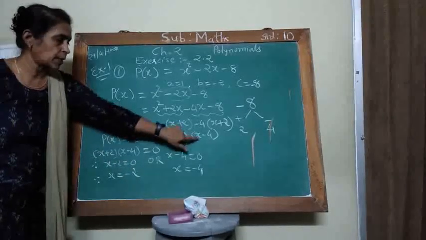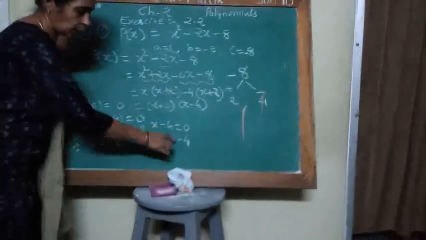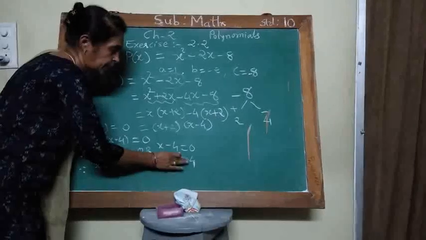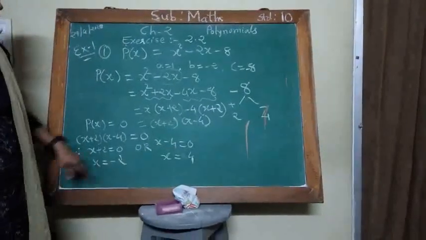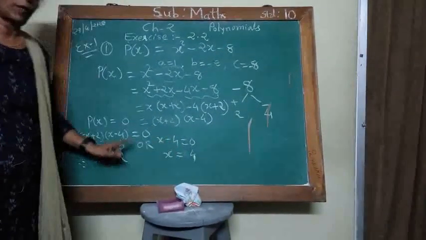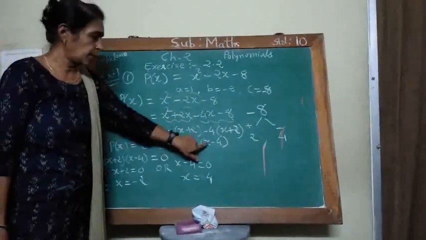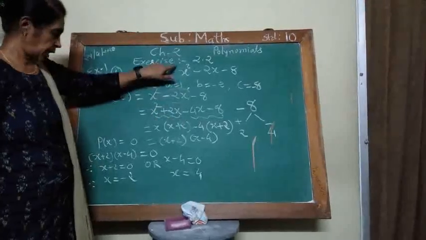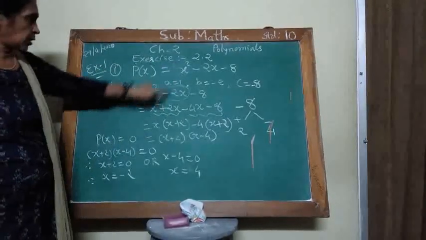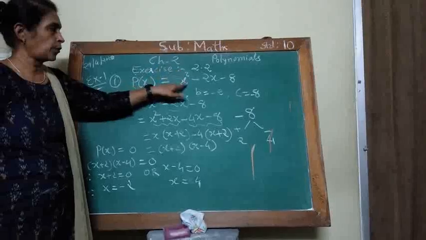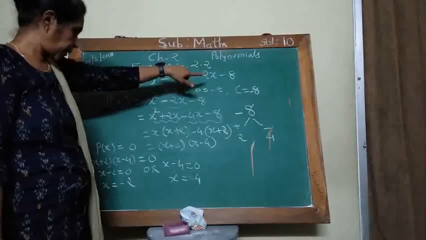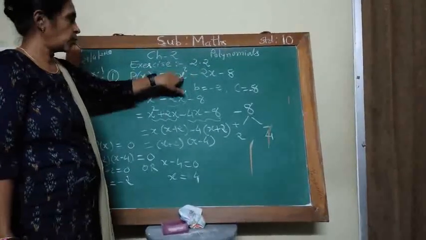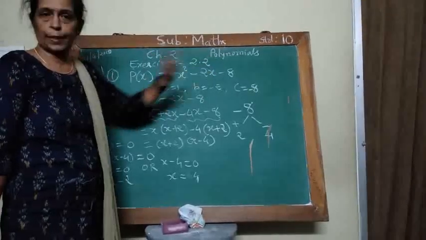For x minus 4 equal to 0, minus 4 goes on this side, so it becomes plus 4. Don't put a plus sign here, only 4. So if you put 4 here, then 4 minus 4 becomes 0. Or you may put 2 here: minus 2 square is 4, 4 minus 2 into minus 2, so minus minus plus 4, plus 4 is 8, 8 minus 8 is 0.